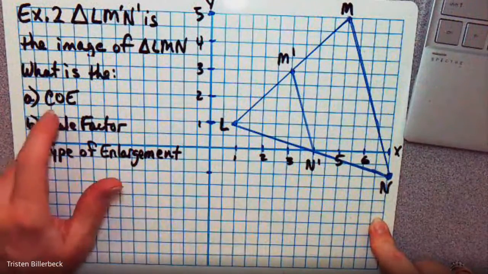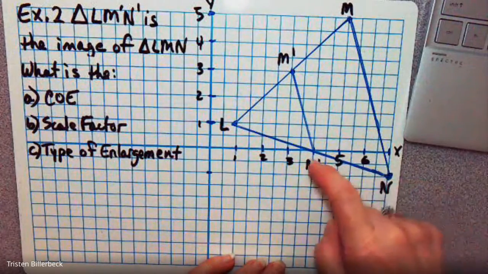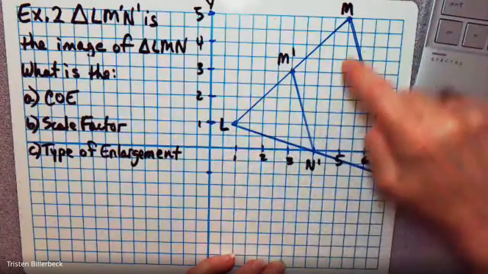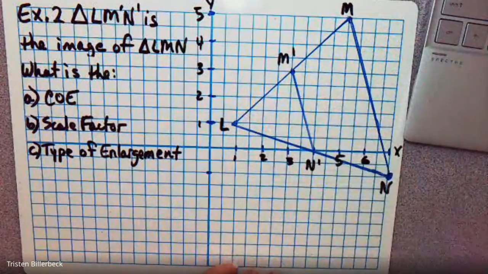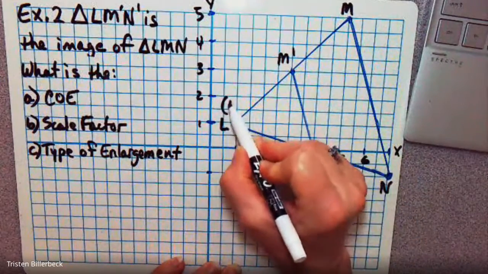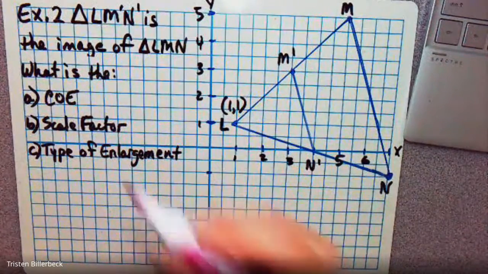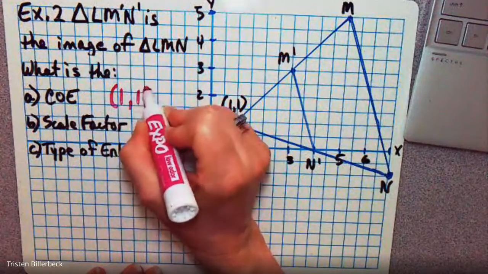What is the center of enlargement? Well, that's kind of easy, look. So if that's a corresponding point to that, and we draw a line, and if that's a corresponding point to that and we draw a line, look, it just meets at L. So it's just 1, 1. Okay, so we can write that the center of enlargement is just 1, 1.